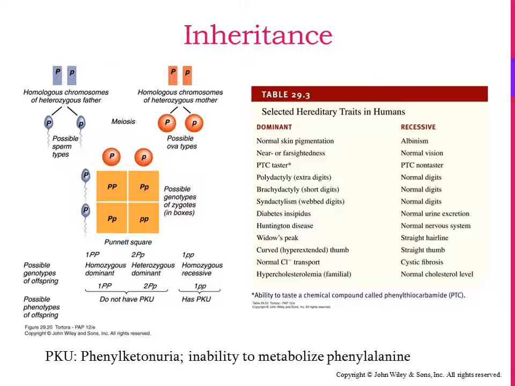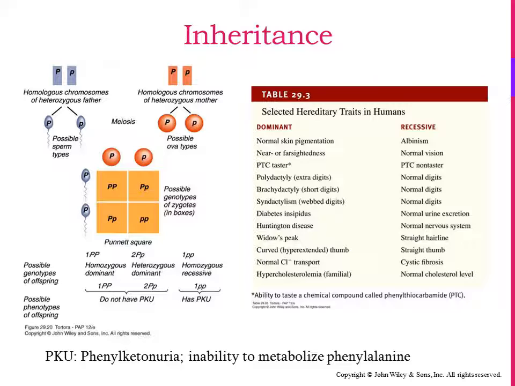Now, the possible combinations of the alleles that are formed in the gametes will result in a 1 in 4 chance that a pregnancy will result in a homozygous dominant individual for that trait, which is indicated by the 2 uppercase P's in the upper left quadrant.